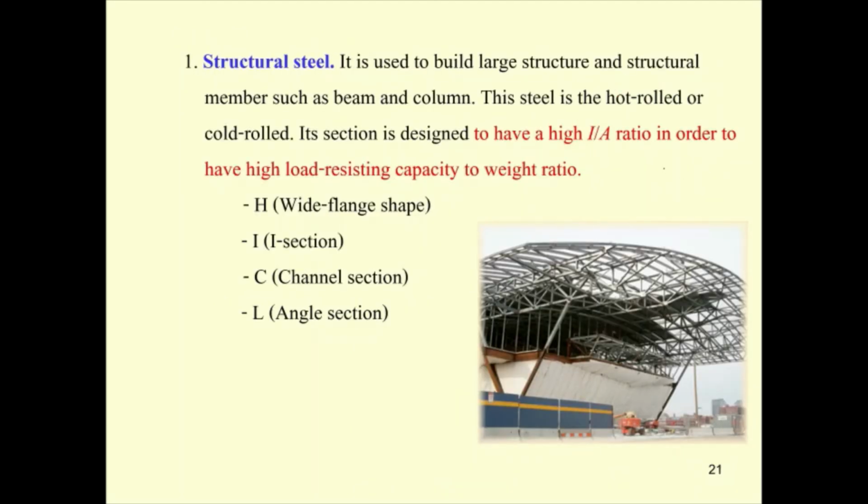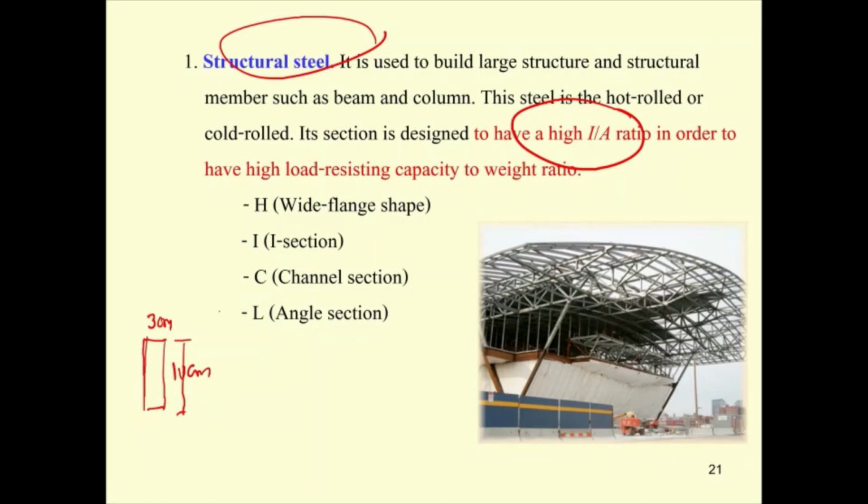So structural steel is produced in that section because the section, as I show you, has a high I over A ratio. For example, if you have steel with 3 centimeter and 10 centimeter, this is going to have an area of 30 centimeter square.